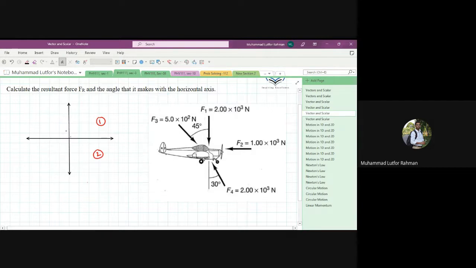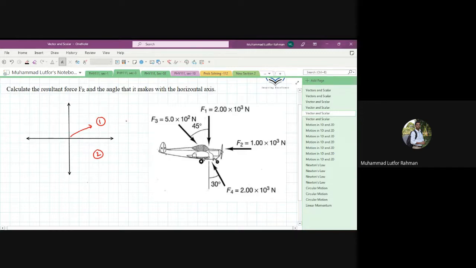Yeah, let's check that. If you say the third quadrant, then probably that direction. Because remember, when the plane is landing, there are two forces acting on it.